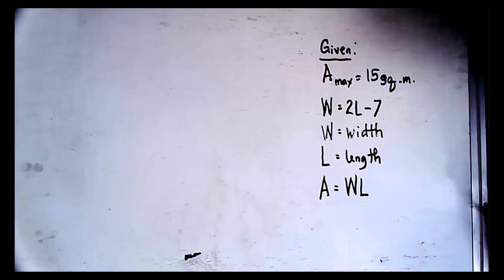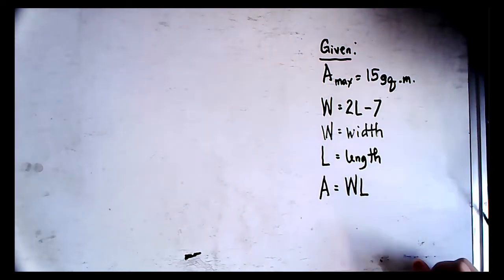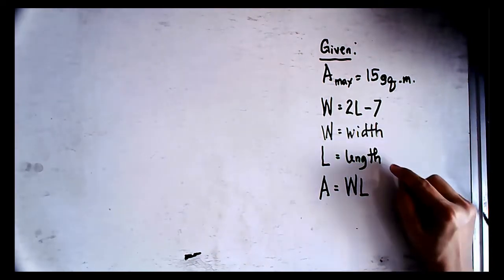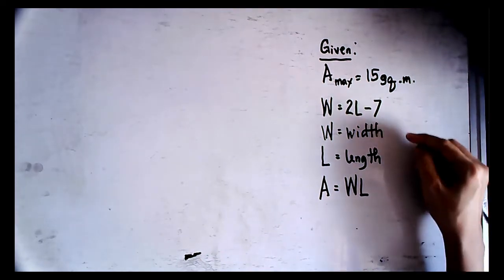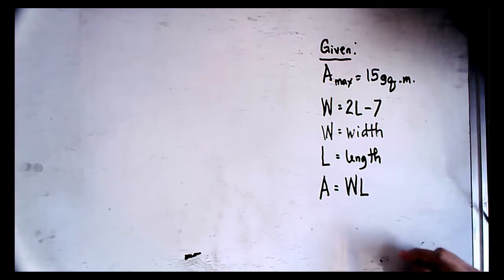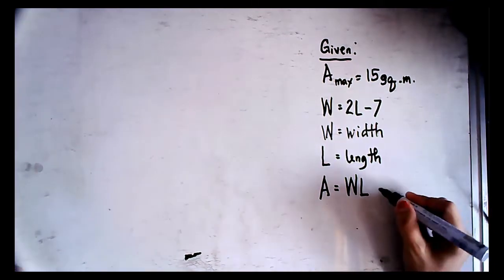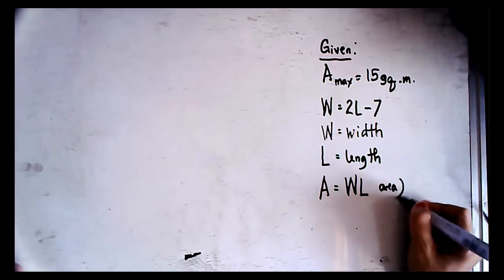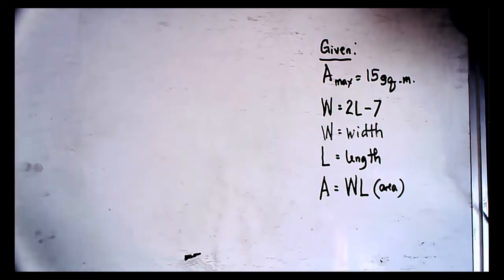In this particular case, the given maximum area is 15 square meters, and the length, represented with L, will be used in order to determine that particular area. The formula for the area of the rectangular floor is simply width times the length.